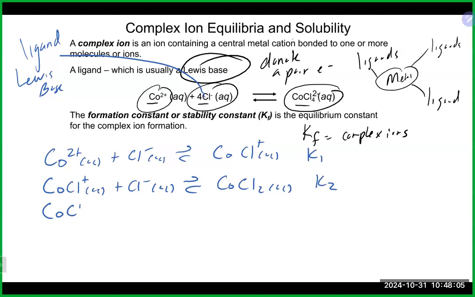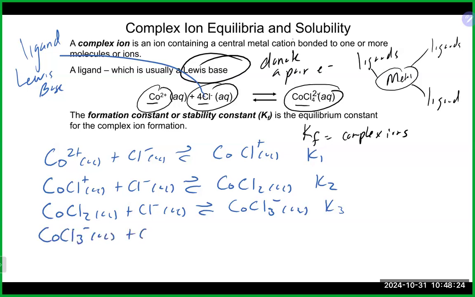This one will then pick up another chloride and make CoCl3 minus. You could also have an equilibrium for that. And lastly, this one will pick up our last chloride, and we'll make CoCl4 2 minus. And you could also have one for that.